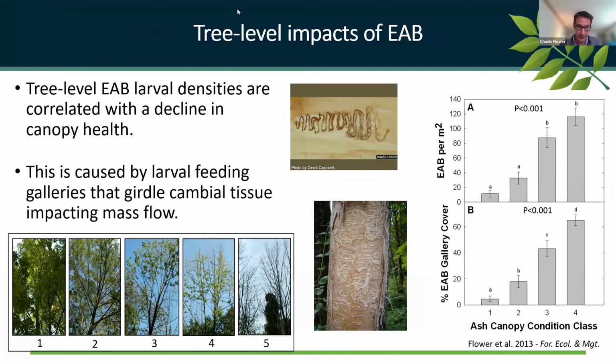You can see on the right, as we get more and more emerald ash borer per square meter in a tree, we get more and more gallery cover, and that leads to progressive mortality. In the middle, the phloem and the xylem of this tree are pretty much completely skeletonized with the serpentine galleries, and this tree is totally dead.